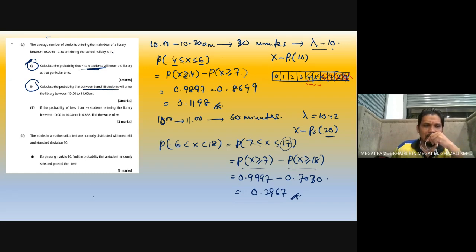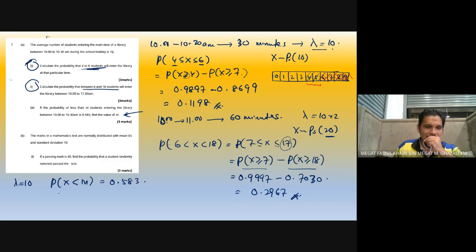Okay, if the probability of less than m students entering the library between 10 to 10:30 is 0.583, find the value of m. So for this case, it is probability of x less than m, with lambda equal to 10, equal to 0.583.